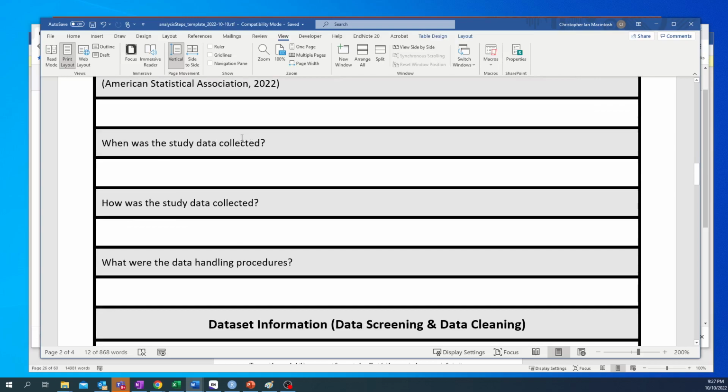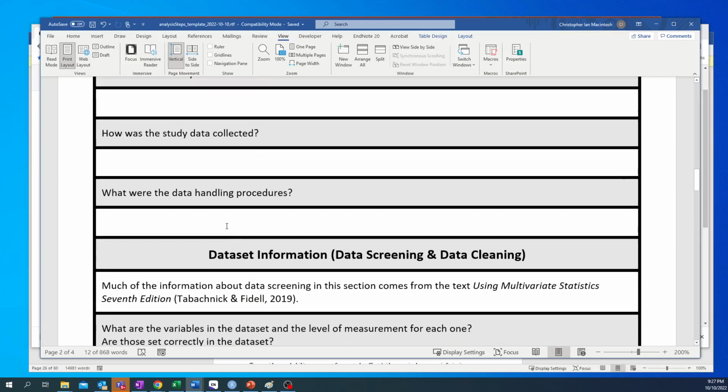When was the study data collected? And how was the study data collected? Also, in the context of our class, we will be doing learning exercises, so we really won't have that information, but those are good things to consider when analyzing study data to know if a conscientious job was done in the collection and how the data were handled, the data handling procedures.